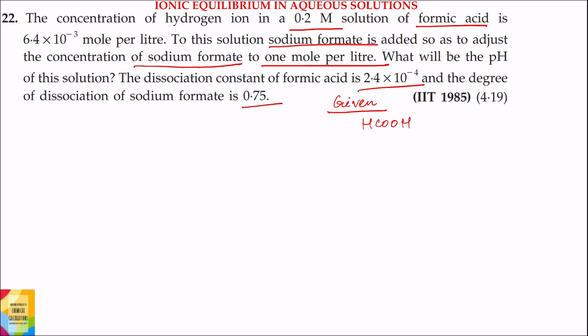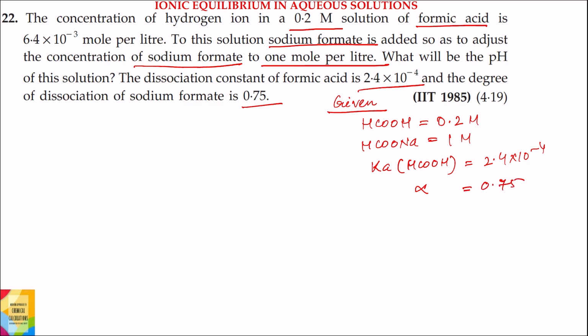Concentration of formic acid is given as equal to 0.2 M. Concentration of sodium formate is given as 1 mole per liter, that is 1 M. Value of acid dissociation constant for formic acid is given as 2.4 × 10^-4, and degree of dissociation of sodium formate is given as 0.75. This is the degree of dissociation of sodium formate.